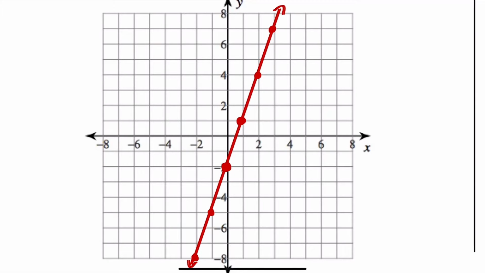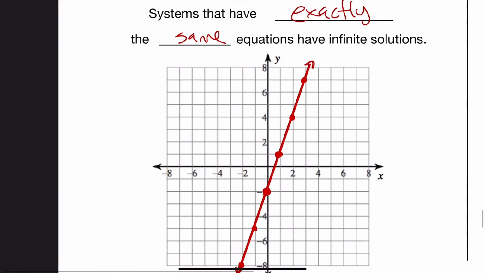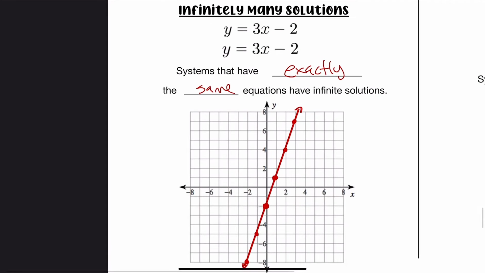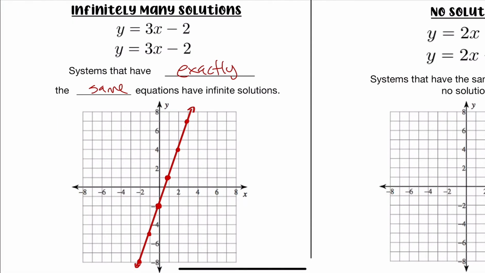That's the entire thing. So since it goes on to infinity and it's constantly touching, this will be infinitely many solutions. There are so many solutions. Everything would be a solution. Any possible point that would show up on this line would be a solution. So, constantly touching, infinite solutions.